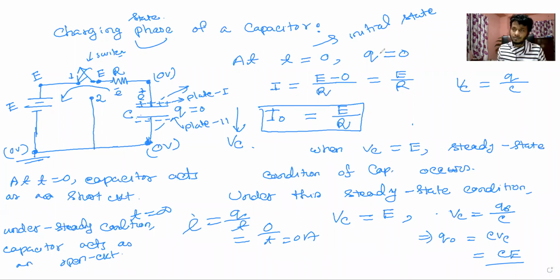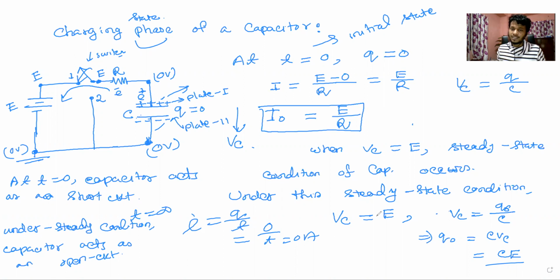But at time t equals to infinity, what will happen? The potential difference across this capacitor will be equal to the potential of the voltage source, so the steady state condition will be achieved. Under steady state condition, the potential across this capacitor is nothing but E, isn't it?